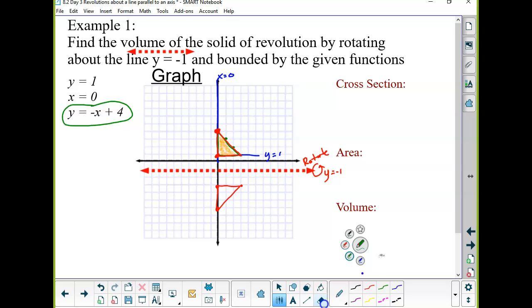Is this going to be a washer or a disc? Let's pick a random point. And if I rotate around here, we've got the intersection point.